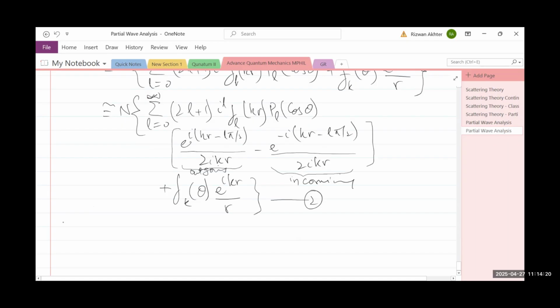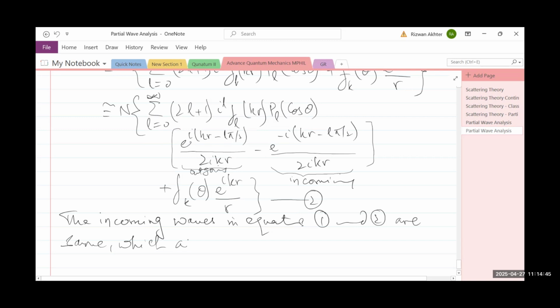So one could say the incoming waves in equations 1 and 2 are basically the same, which allows for the determination of the coefficients C_L(k), yeah.